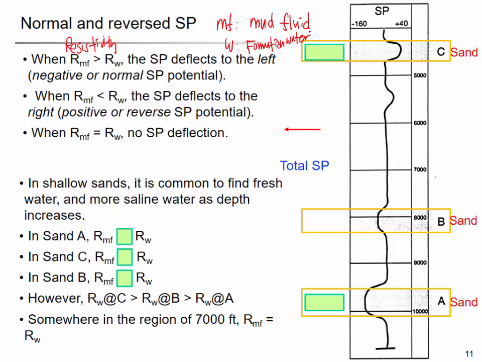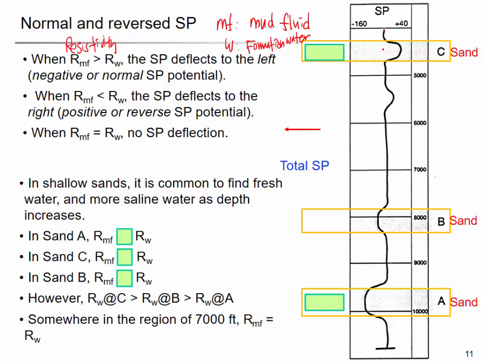So when the resistivity of the mud filtrate is larger than the resistivity of the formation water, the SP deflects to the left. That's the case when you meet the sandstone, right? And when Rmf is less than the resistivity of the formation water, the SP deflects to the right. That's the positive or reverse SP potential. When these two values are similar, there's no SP deflection.